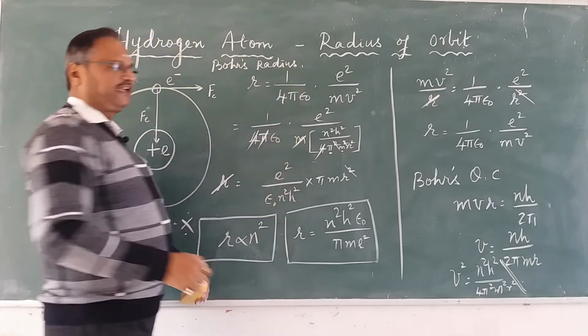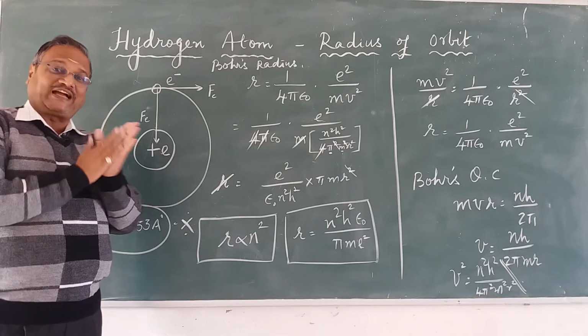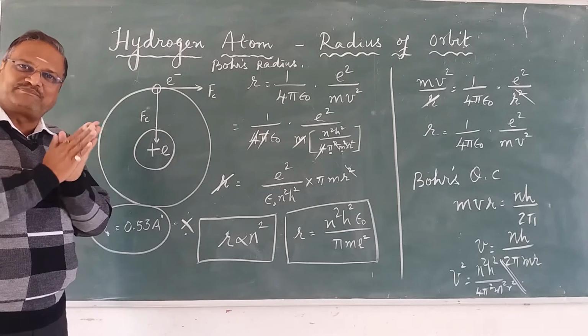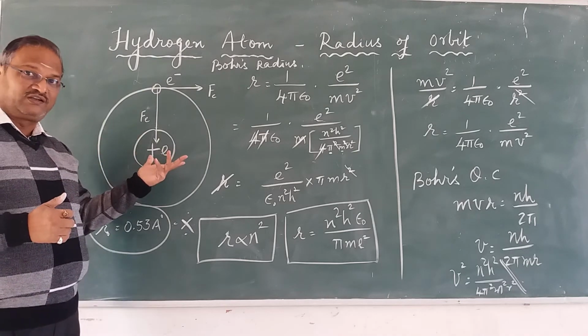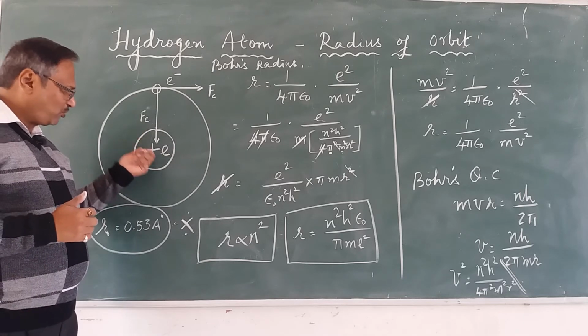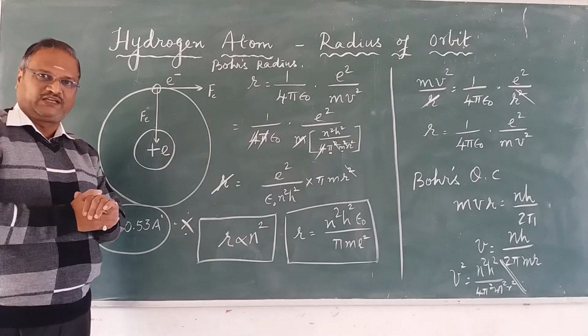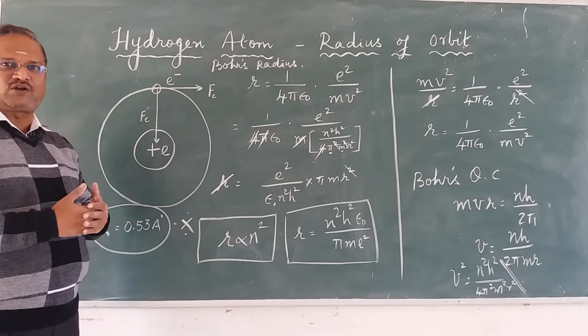You should remember this very carefully and clearly. We take the hydrogen atom and discuss it because the hydrogen atom is the simplest atom: it does not have a neutron. It has only a proton in the nucleus and an electron revolving around it. So taking this as the first step, we can develop the concept.